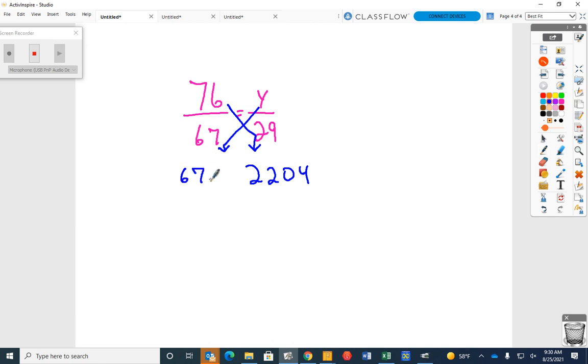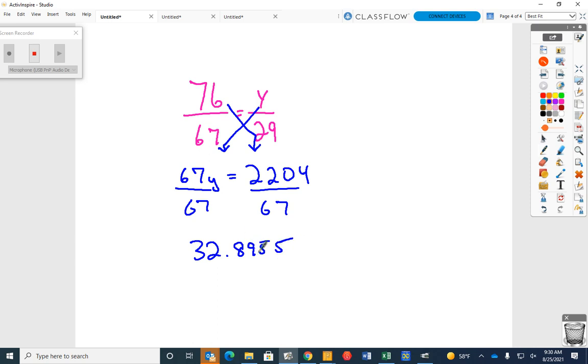Everybody? 67y. Good. How do I solve this now? Divide each side by what? 67. What did you get when you divided that? 32.895522. Okay. Now, here's what you're going to do.